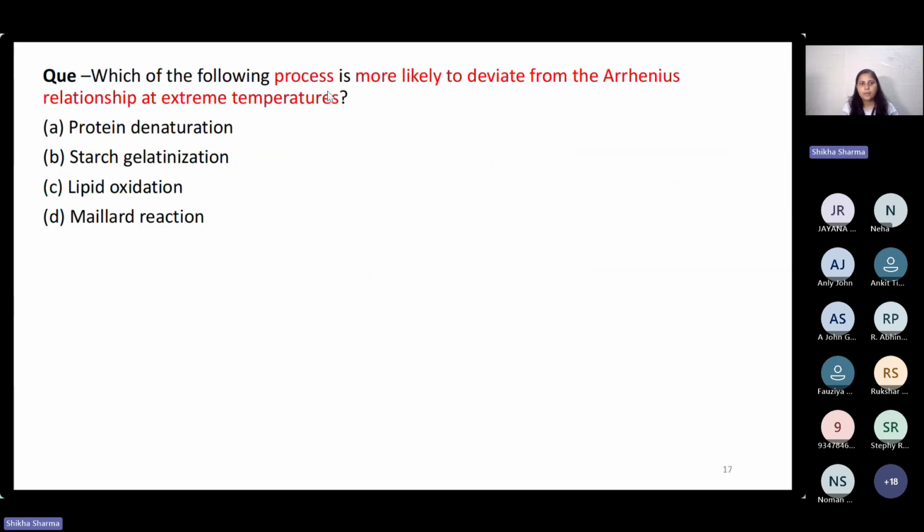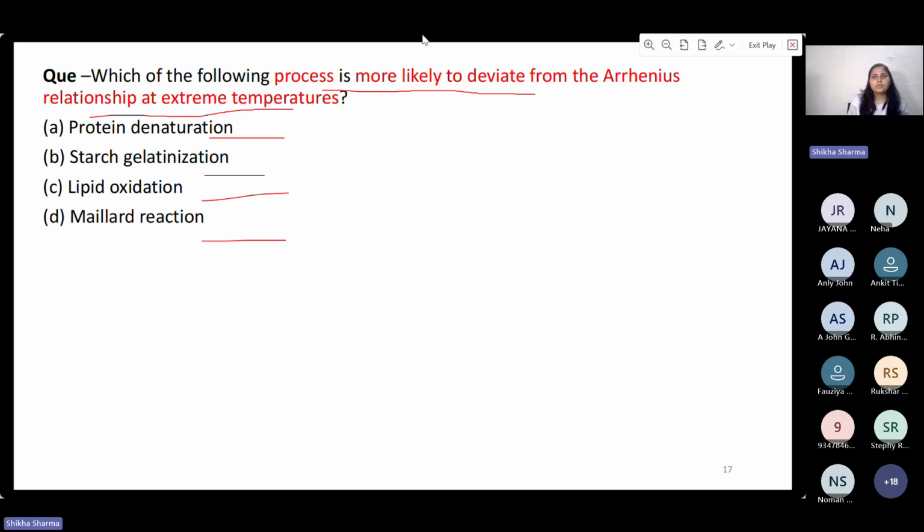Okay, let's discuss this question. Which of the following processes is more likely to deviate from the Arrhenius relation at extreme temperatures? Protein denaturation, starch gelatinization, lipid oxidation, or Maillard reaction. Would anyone like to answer this question?